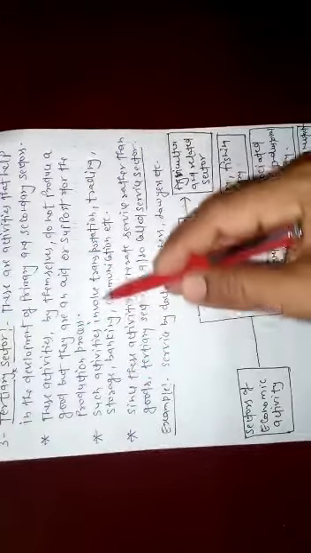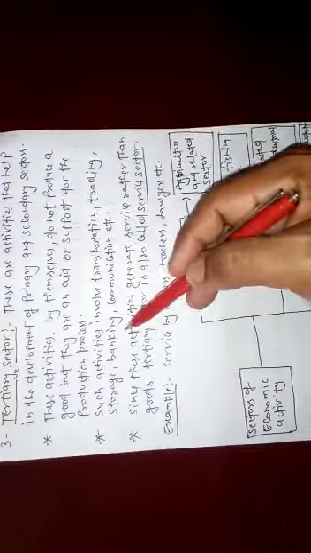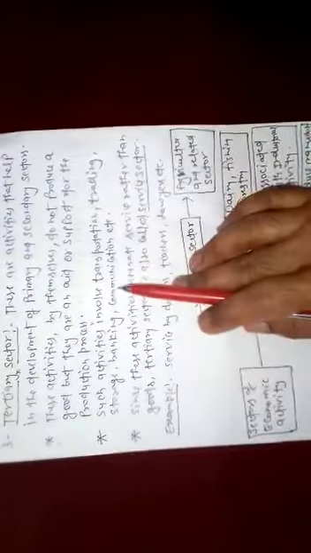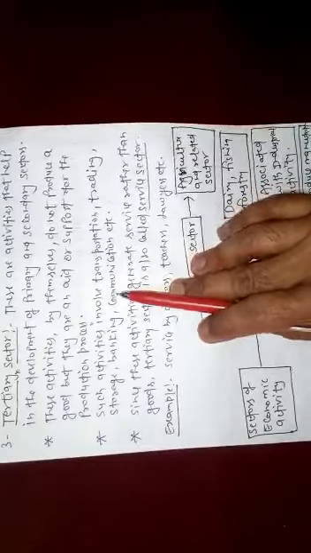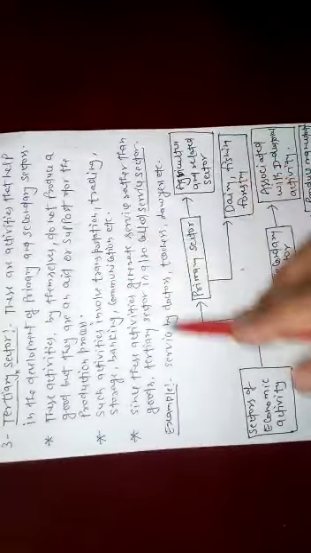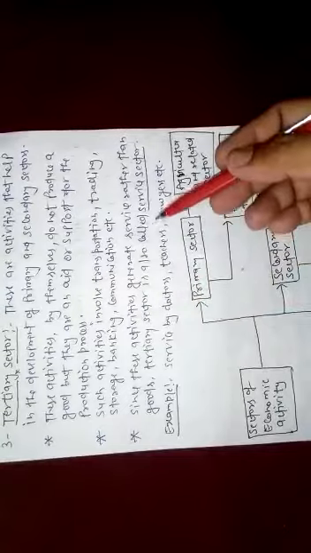Such activities include transportation, trading, storage, banking and communication. Different people are involved in different types of jobs. Since these activities generate services rather than goods, the tertiary sector is also called the service sector.